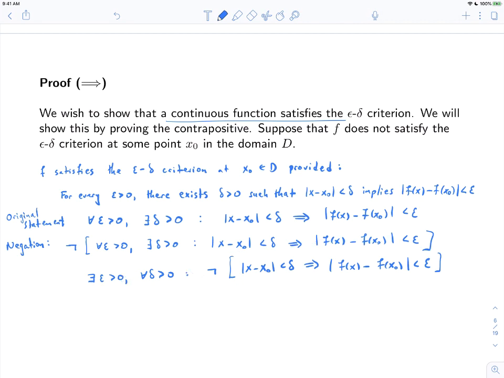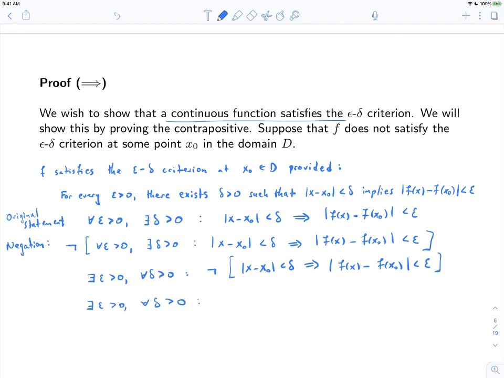Well, what does it mean for an implication to not be true? Here we have there exists an epsilon greater than 0 such that for all delta greater than 0, we have what? The implication says that |x minus x naught| less than delta implies this distance between the outputs is less than epsilon.